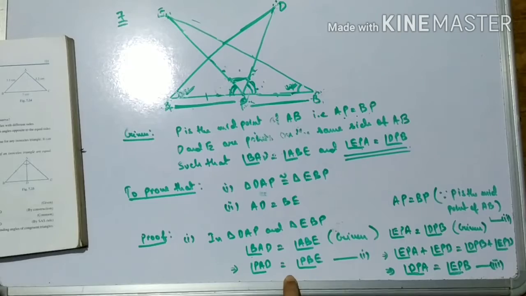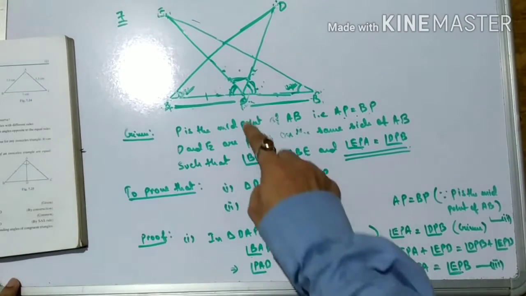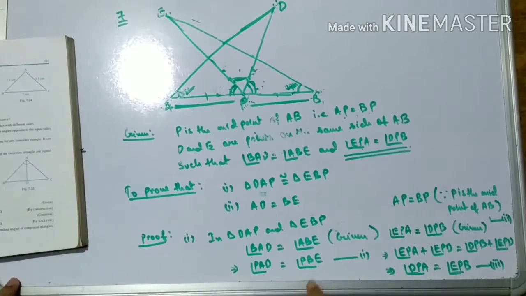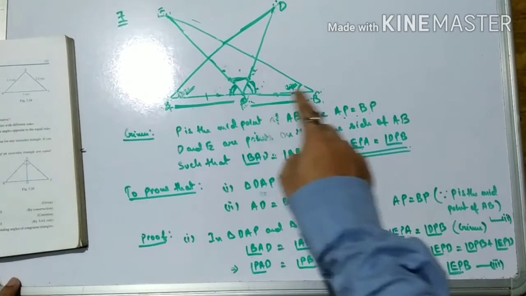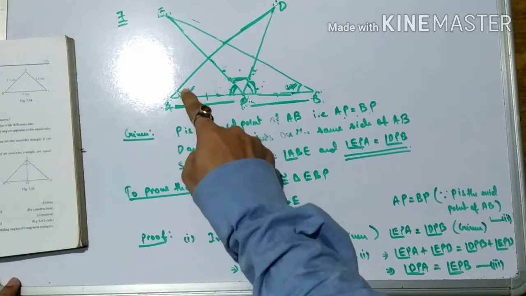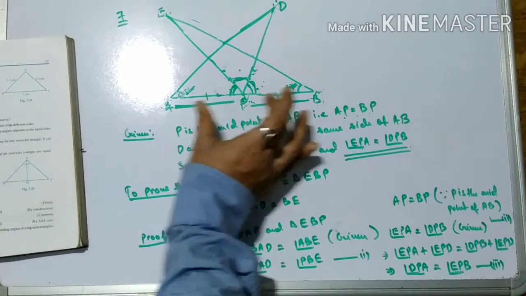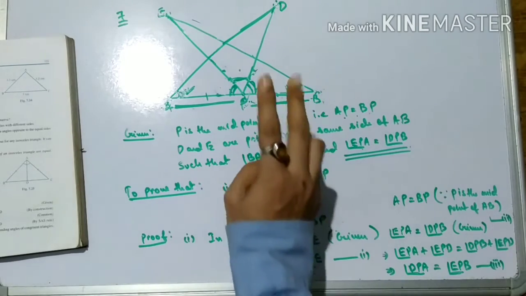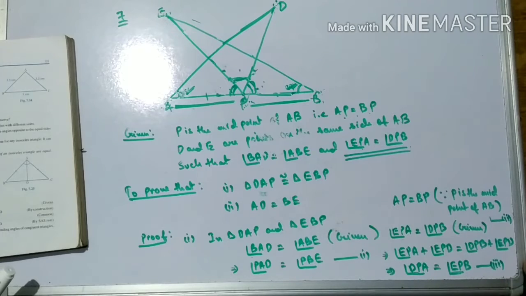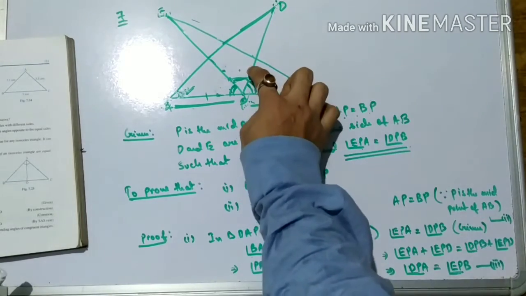So now you see, this is equation 1. Equation 1 is what? Angle PAD equals angle PBE. This angle equals this angle. This is equation 1. And then this side equals this side, equation 2. And then angle DPA, this whole angle.